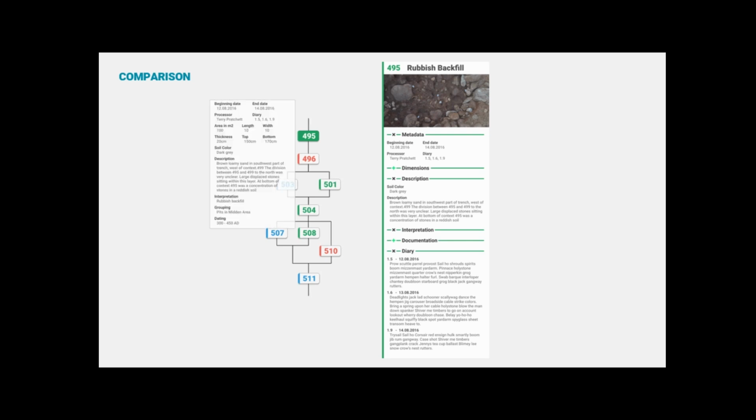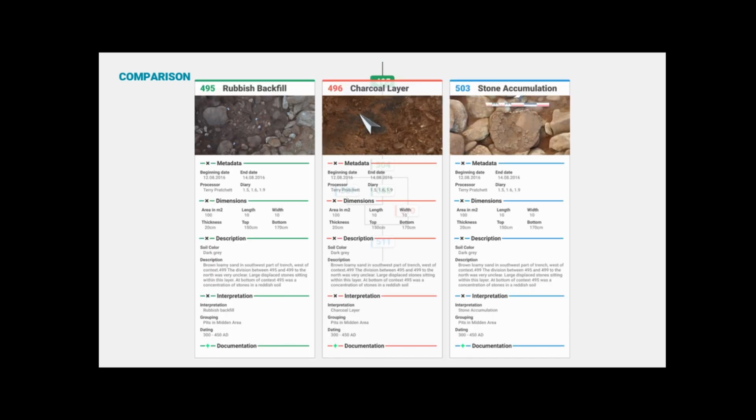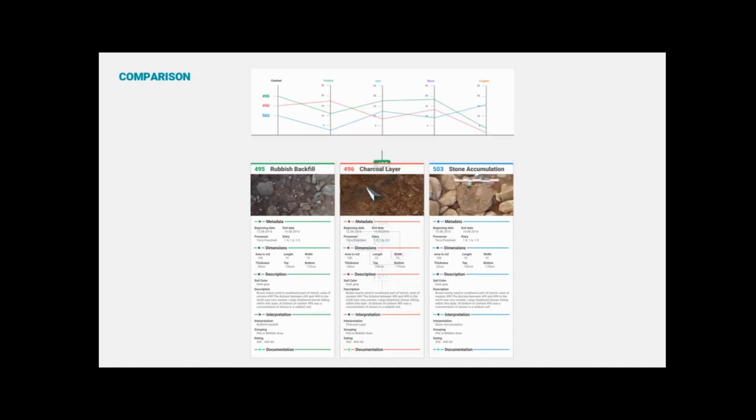You can combine this with tooltips. In this way, you can compare, for example, two stratigraphical units, or if you want to see more than two at a time, you can select even more, for example 3, and you will get these detail cards of those 3 units, where you have the possibility to open and close the sections, and the sections would be linked to one another and open and close together.